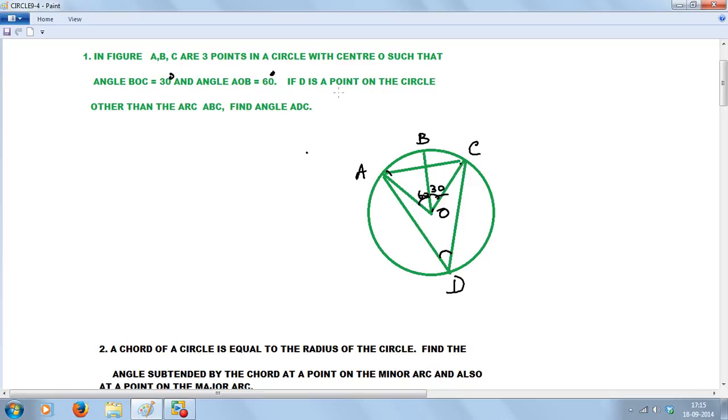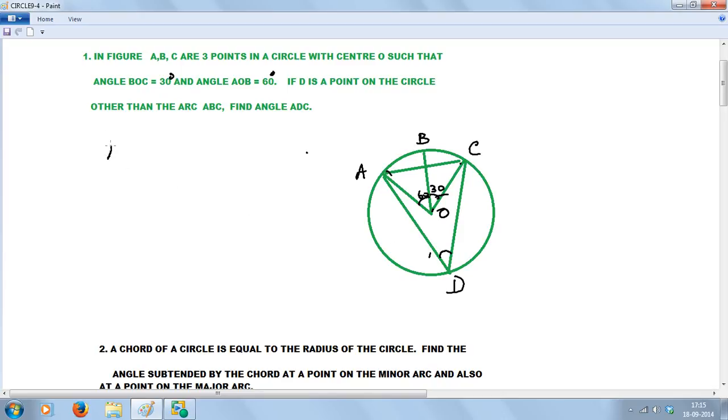If D is a point on the circle other than the arc ABC, that means the remaining part, ADC. Find angle ADC. So any point on the circle. It's a very simple problem, direct application.